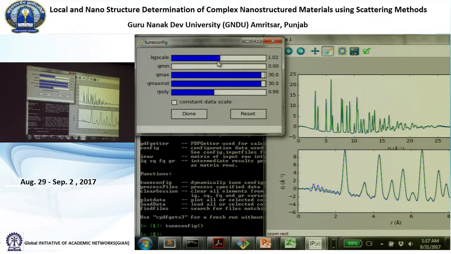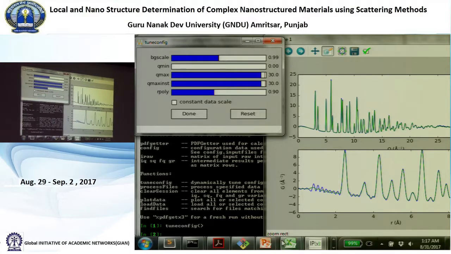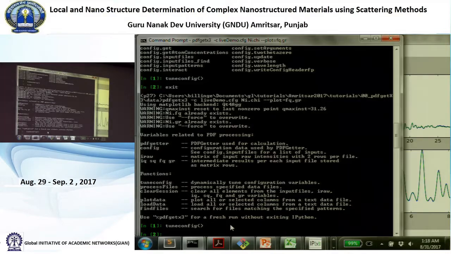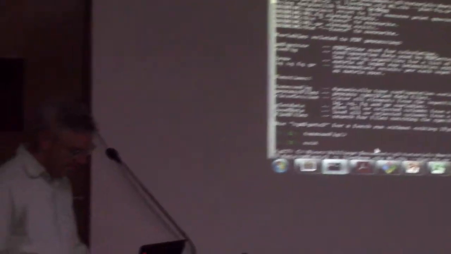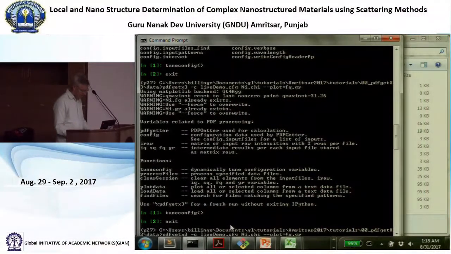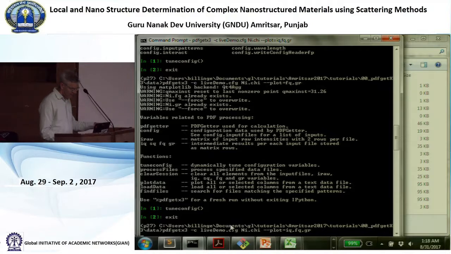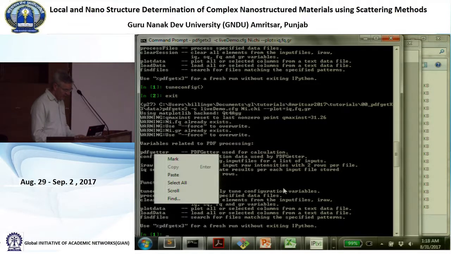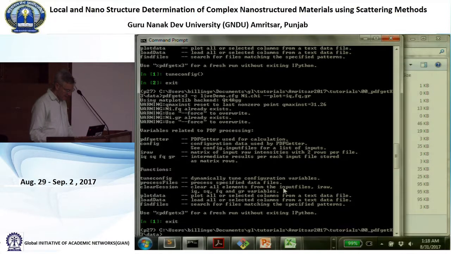For this one we actually want I of q plotted, so let's just do it with I of q and g of r.